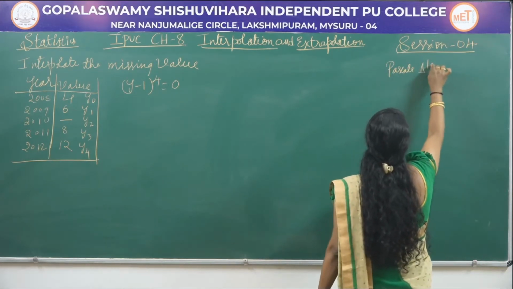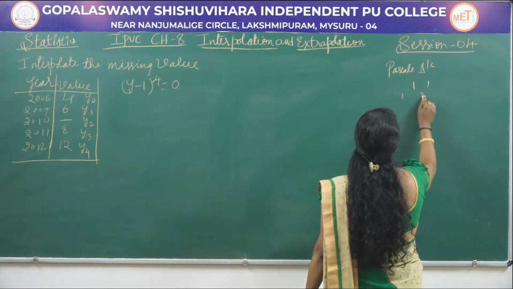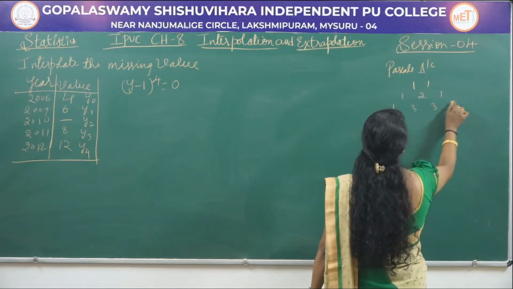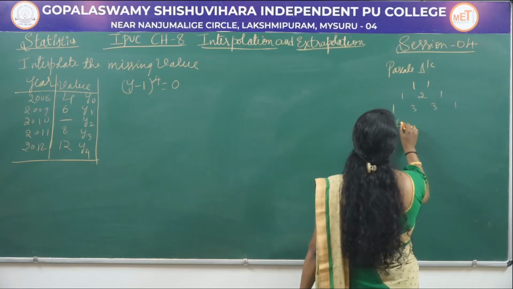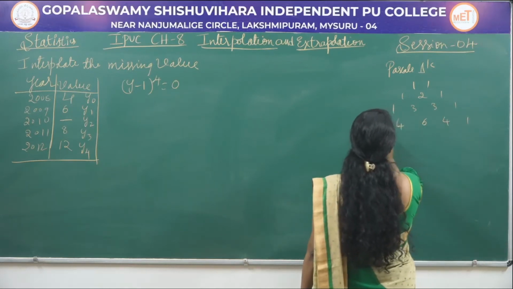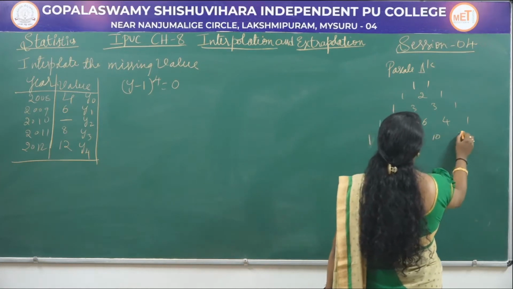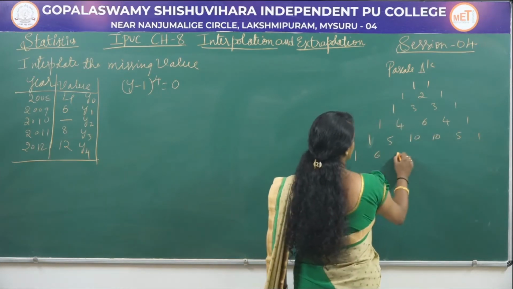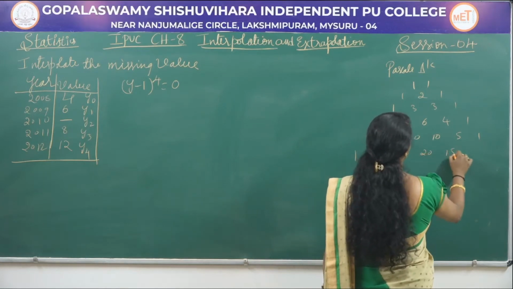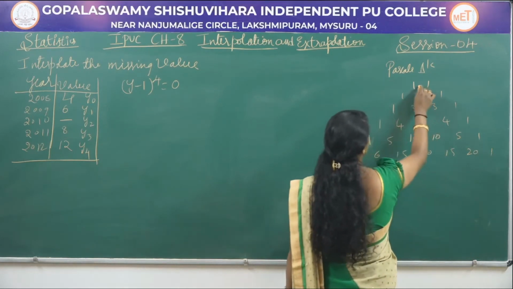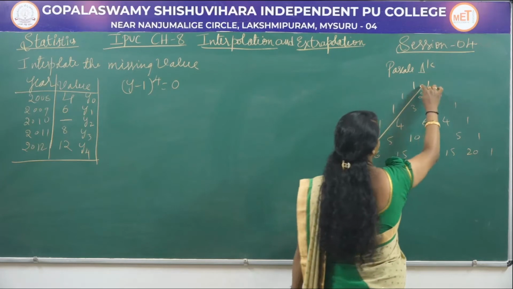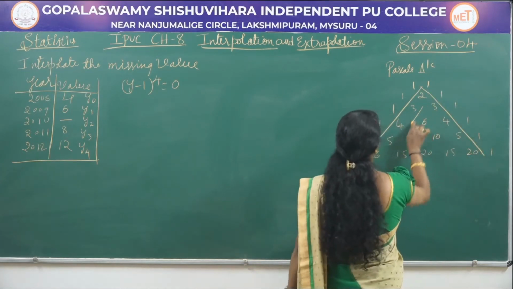Pascal triangle: 1; 1 1; 1 2 1; 1 3 3 1; 1 4 6 4 1; 1 5 10 10 5 1; 1 6 15 20 15 6 1. So this is how the Pascal triangle will look.